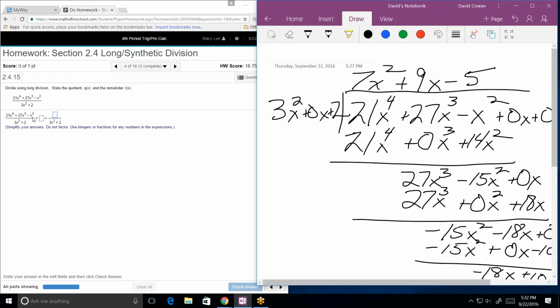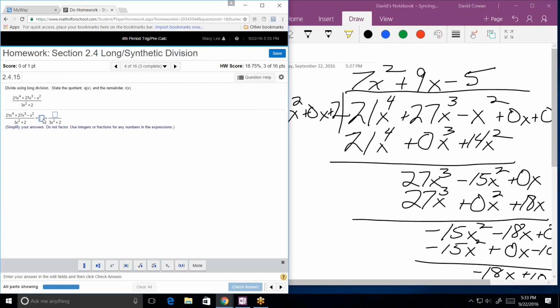So my quotient should be 7x squared plus 9x minus 5, and my remainder should be minus 18x plus 10.